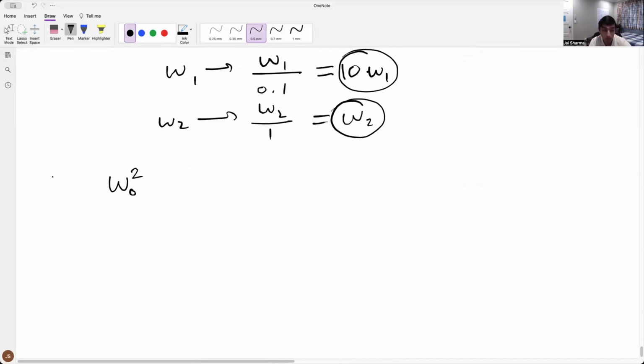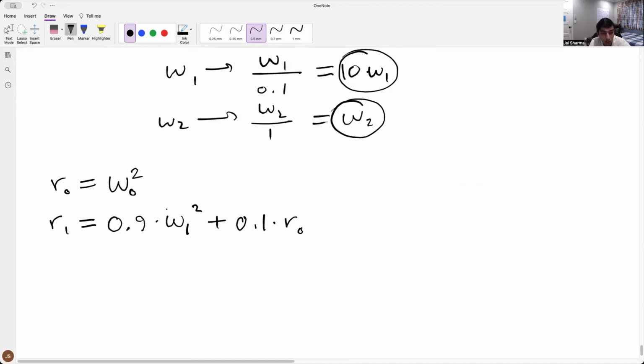So R0 could be equal to W0 squared, right? R1 is equal to 0.9, let's say, times W1 squared plus 0.1 times R0.